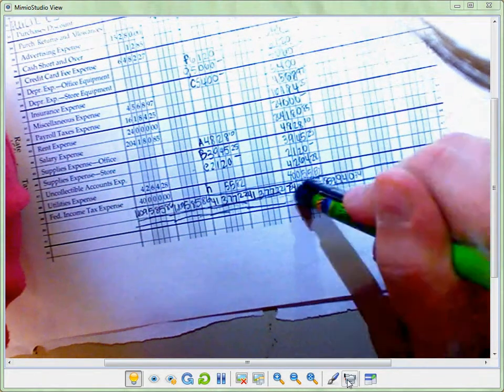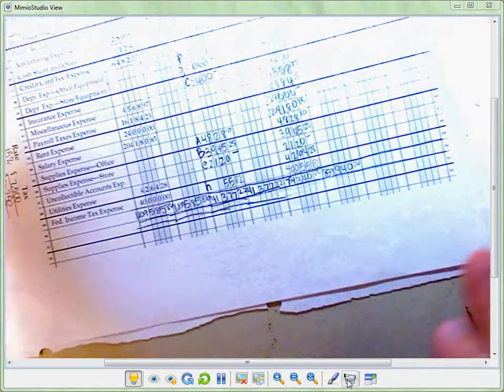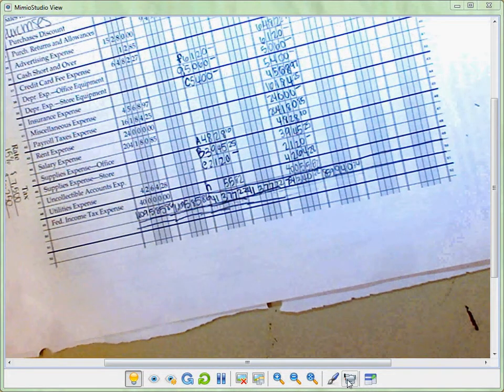So don't waste your time recalculating because the credit's going to stay the same. The debit, the only thing that is changing is that last number we did, just that federal income tax. Don't add up 50 numbers again. You're just adding one number to your other one.